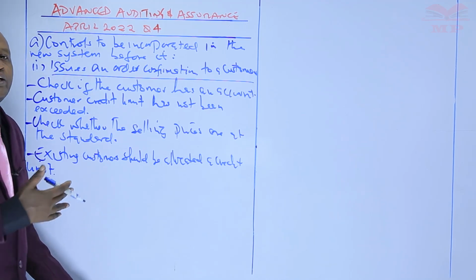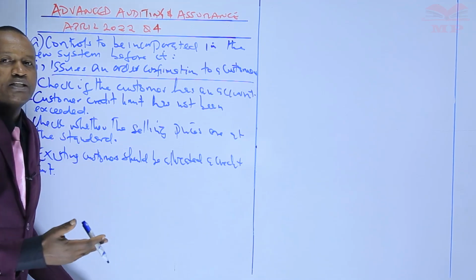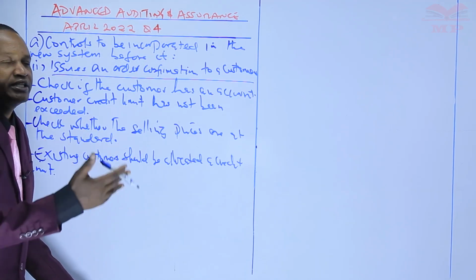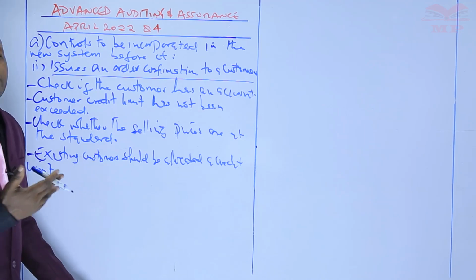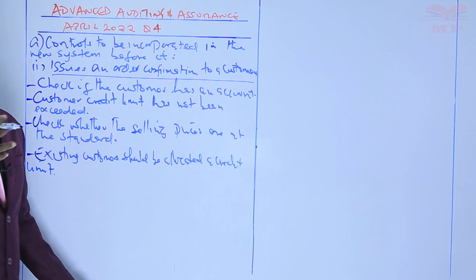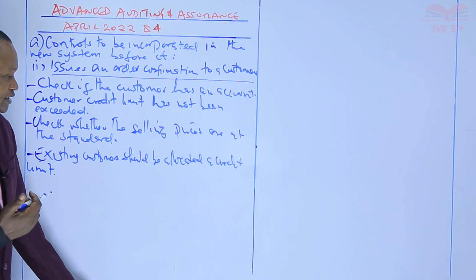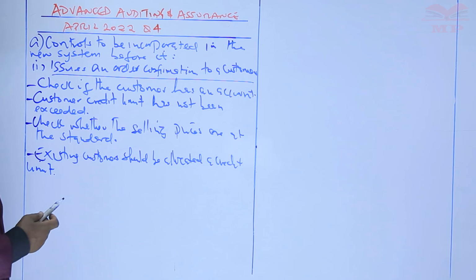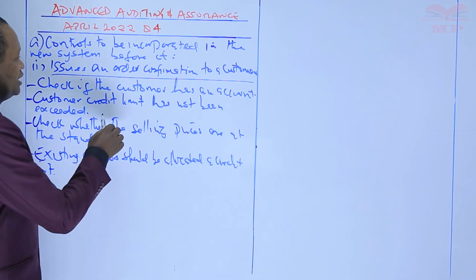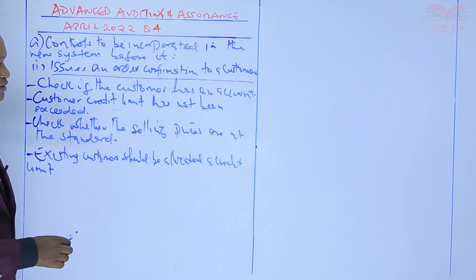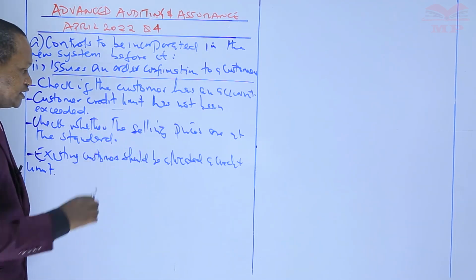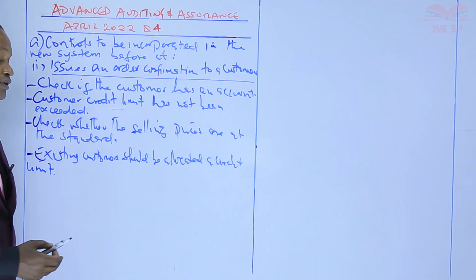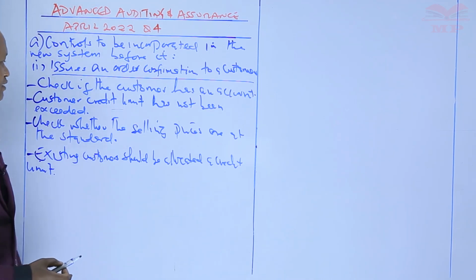All right, when making a new order, existing customers should be allocated a credit limit, and it should be ascertained whether the limit has been exceeded if the new order is accepted. So it's not just a question of having a credit limit. The system should be able to detect that the credit limit has been exceeded or not, as far as customers are concerned.